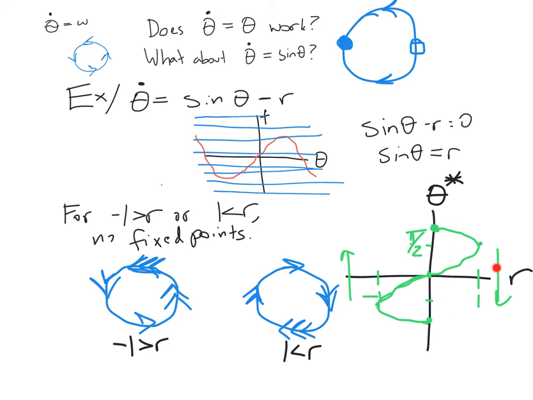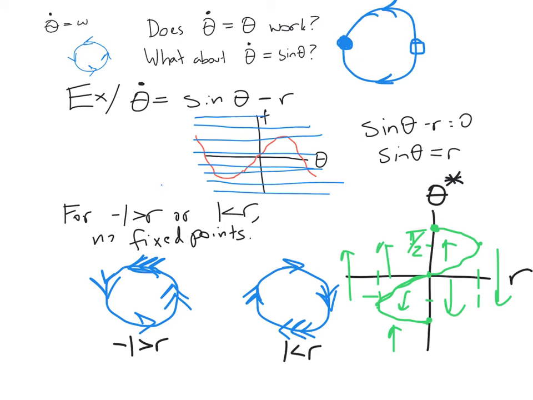So I don't have stability information on this diagram at the moment, but I do have the fixed points, and you can see that it's sort of weird, this branch got broken because of how I chose to draw the diagram. And then let's see, how should our arrows go? It seems like we could think about this more carefully, but it seems like in this area we're going up, and in this area we're going down, and in this area we're going up, down, up.